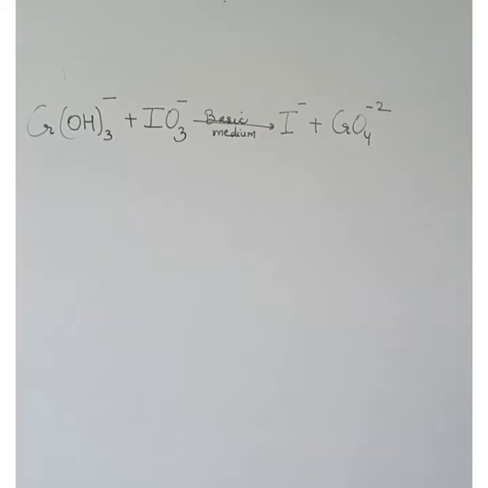Now consider this example, Cr(OH)3 plus IO3 minus in basic medium gives I minus plus CrO4 2 minus. Now the skeletal equation is already written on the board. Now put down the oxidation number of all the elements which are involved here.